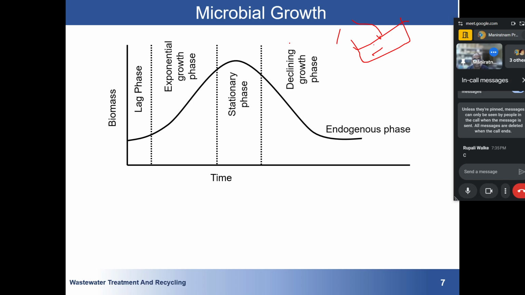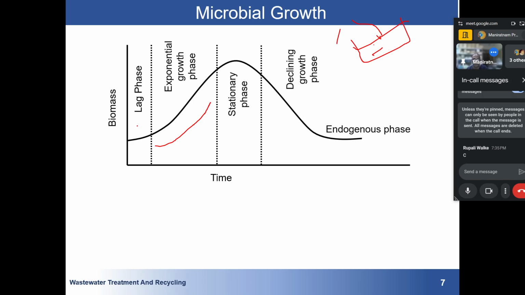Their population increases. That phase is known as the growth phase or exponential growth phase. Because a huge amount of food is available, they consume the organic matter, produce energy, and use it to produce more cells, and this goes on in a cycle.